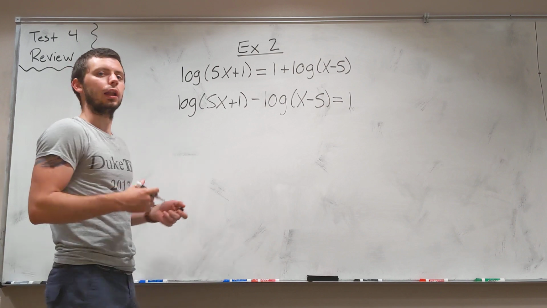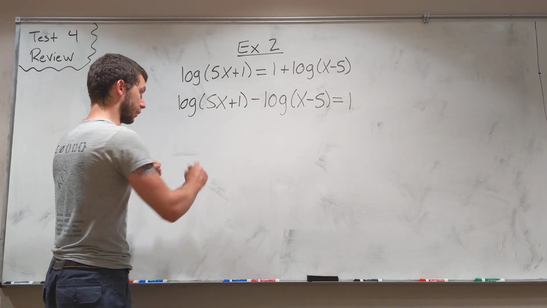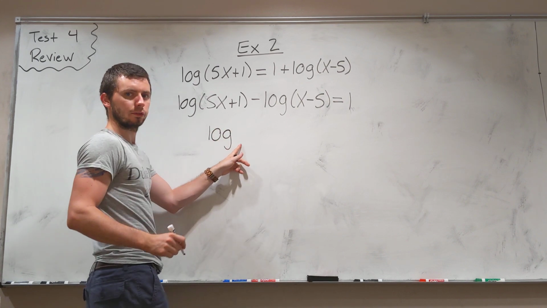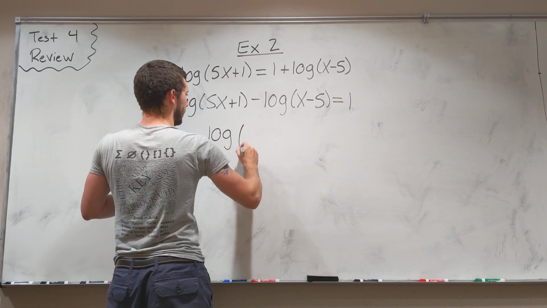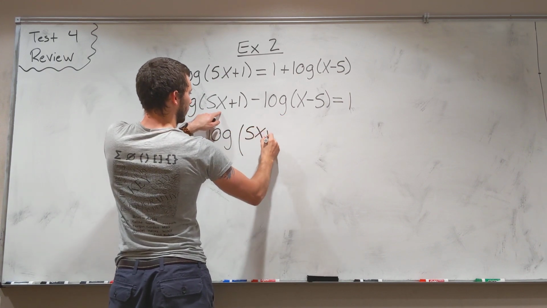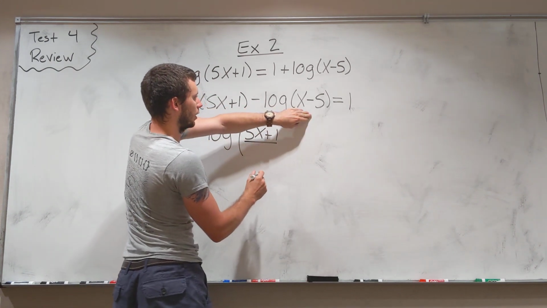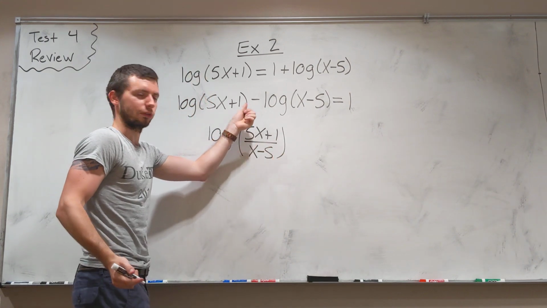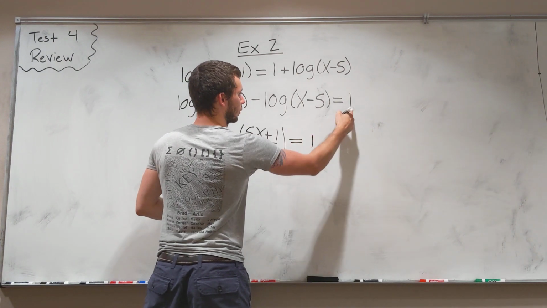It simply allows you to combine logarithms, the difference of logarithms in particular, as one logarithm with the same base, which is understood to be 10, where this part goes in the numerator and the negative part goes in the denominator. And when I say negative, I mean what's on the right-hand side of the difference. And all of that is still equal to 1.